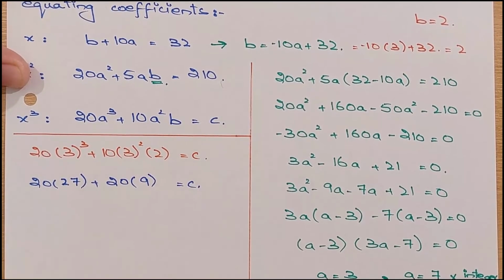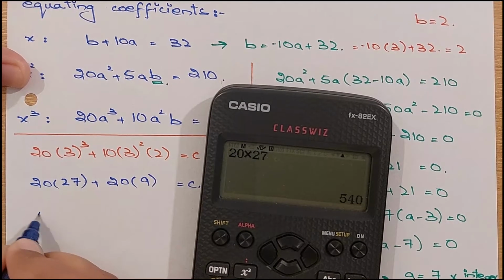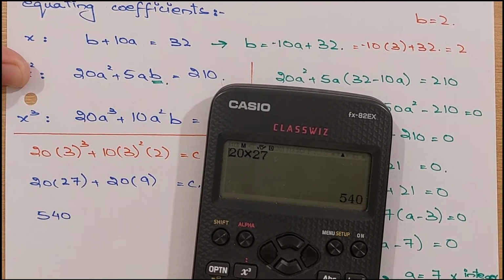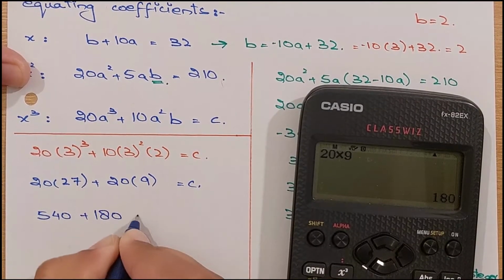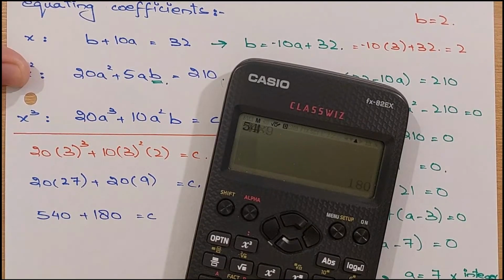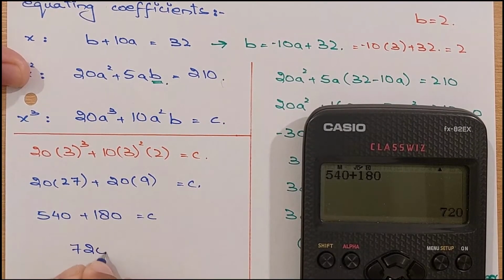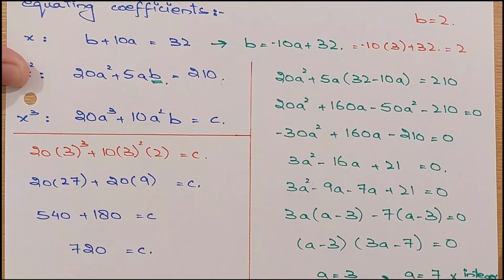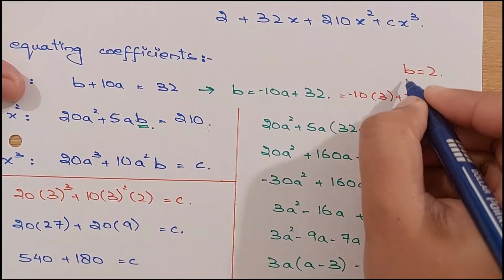This is equals to c. Simplify. 20 times 27, this is 540, and 20 times 9 is 180. 540 plus 180 is 720. 720 is equals to c, right? So we have c equals to 720, a equals to 3, and b equals to 2.